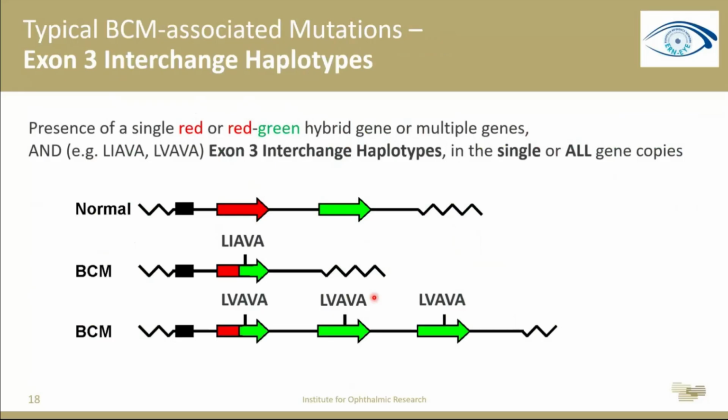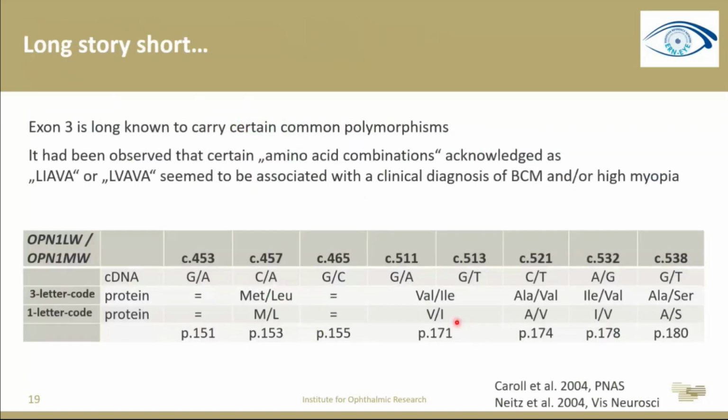The third important mutation type are the so-called exon 3 interchange haplotypes, and again, they result in BCM if they affect a single red or red-green hybrid gene or are present in every gene in a larger cluster. They have puzzled us for quite some time. It was a long story.